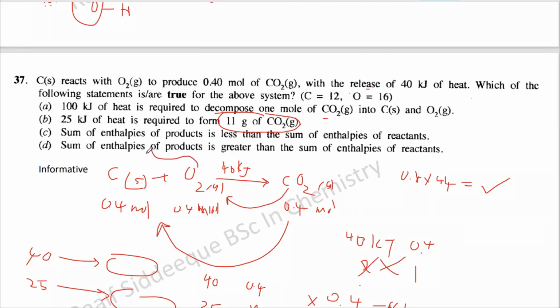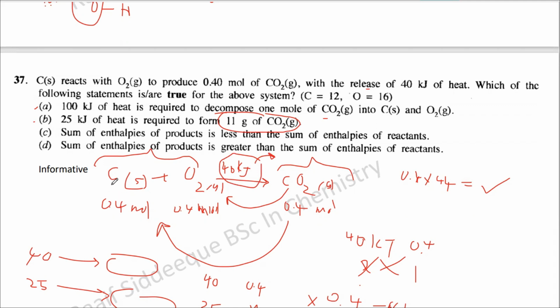There is an enthalpy for these two, and there is an enthalpy for these two. We already know these two are correct, but we have to elaborate on these two. The reaction enthalpy is 40 kilojoule. That is the release, right?